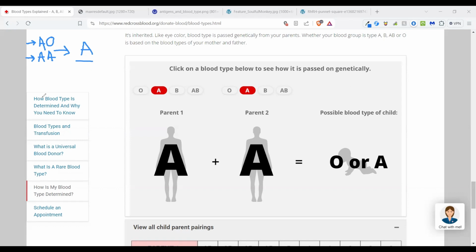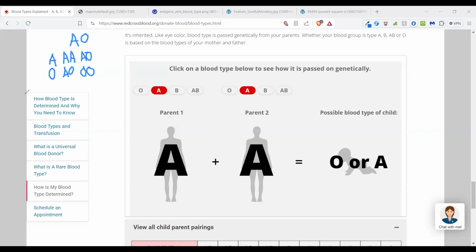And let's draw out in a Punnett square what that would look like. So if we have two heterozygous parents of type A, let's draw out the different outcomes. So we can have AA, AO as an outcome, again AO as an outcome, and OO.